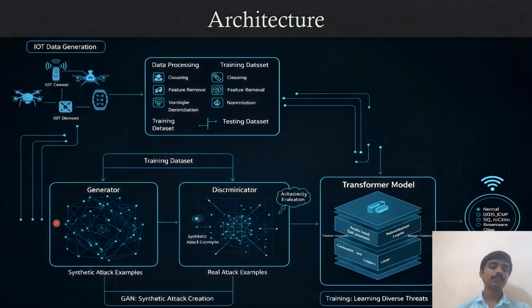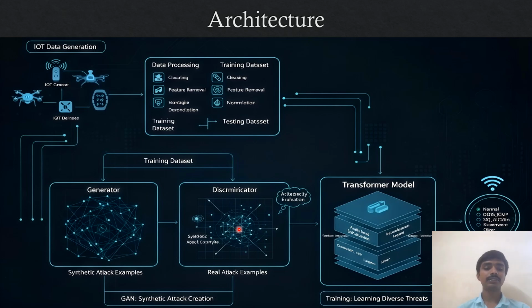At the same time, the generative adversarial network also creates synthetic data with the help of the generator and discriminator. The generator is used to generate random noise and creates attacks in the dataset, and the discriminator is used to classify whether the data sent from the generator is attack or real.